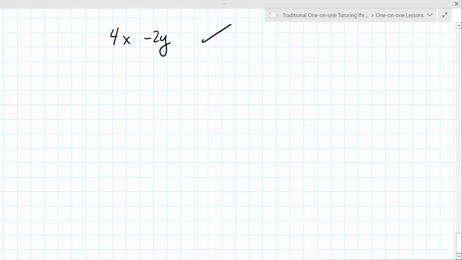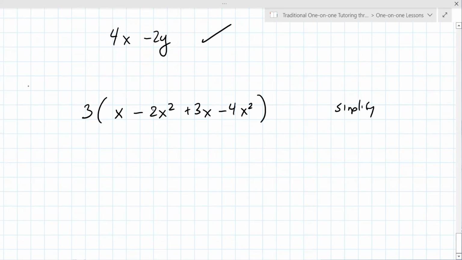Okay, now let's look at another one like it. Let's go 3 times x minus 2x squared plus 3x minus 4x squared. And I want you to simplify this one.